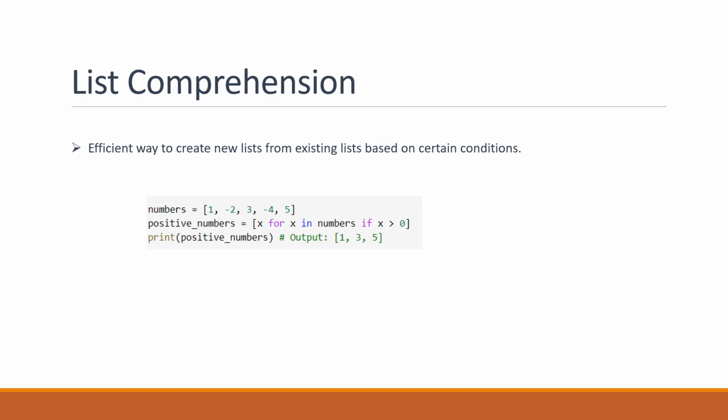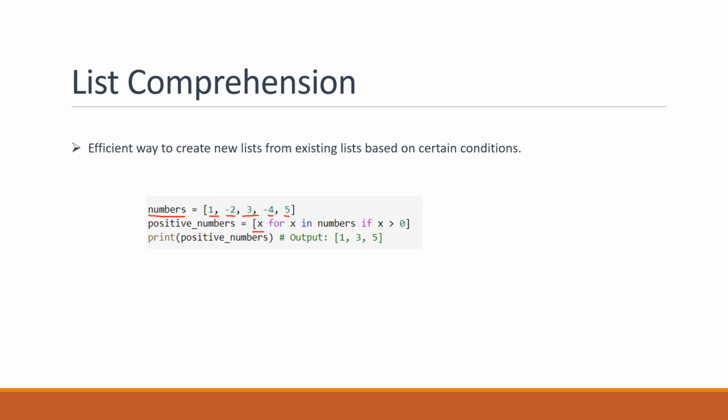So if we go to this example here, we have a list called numbers that has items 1, minus 2, 3, minus 4, and 5. If we need to filter negative values, what do we need to do? We need to create a list comprehension.